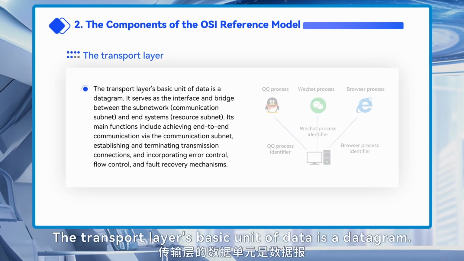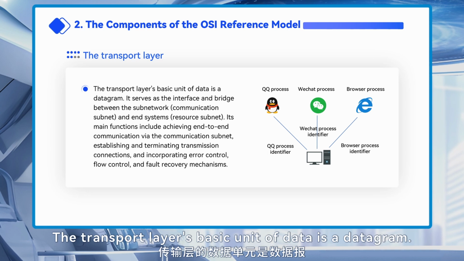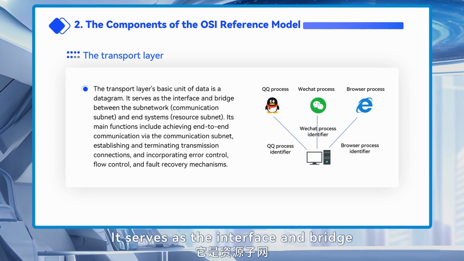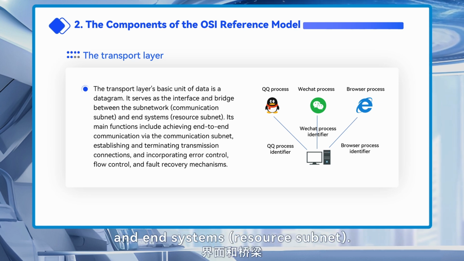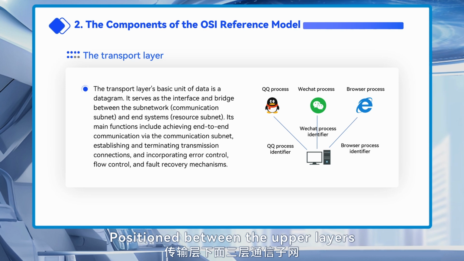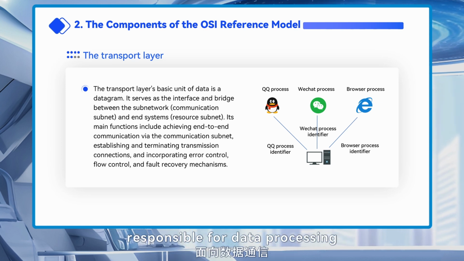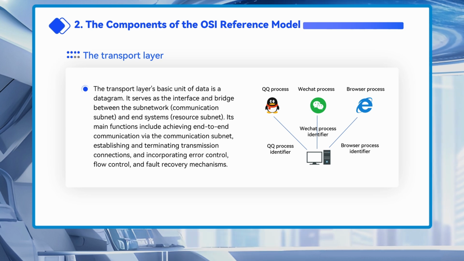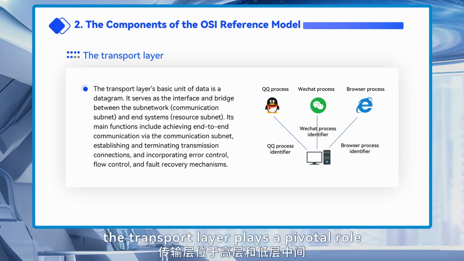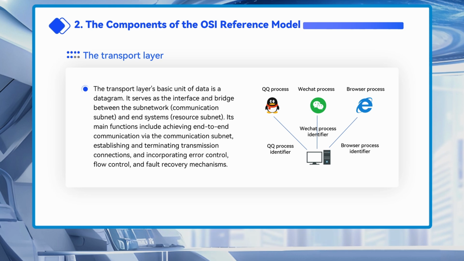The transport layer's basic unit of data is a datagram. It serves as the interface and bridge between the subnetwork, communication subnet, and end systems, resource subnet. Positioned between the upper layers responsible for data processing and the lower layers responsible for data communication, the transport layer plays a pivotal role in end-to-end communication.